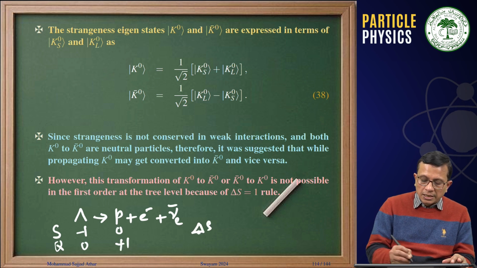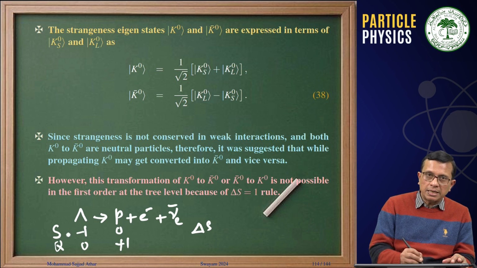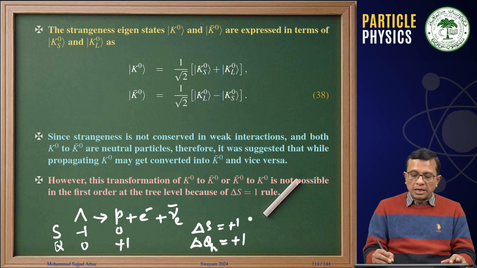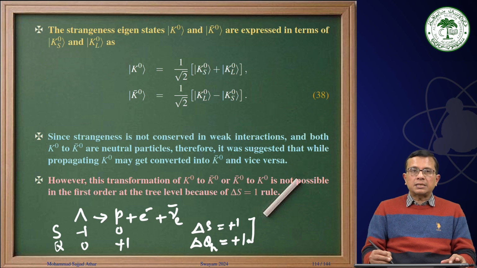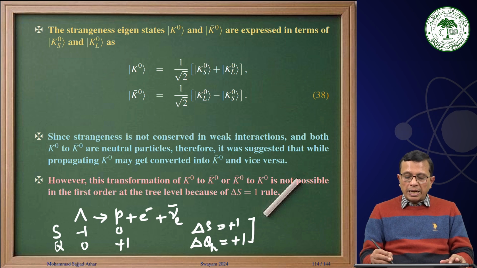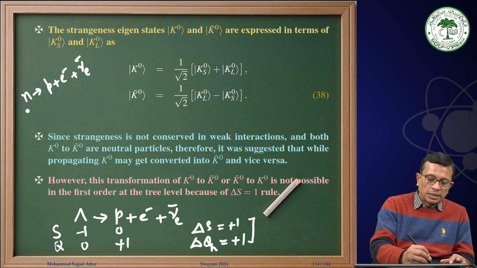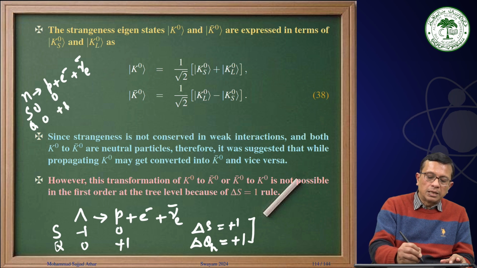Therefore, delta S, final strangeness minus initial strangeness, is +1, and the final charge of the hadron minus the initial charge of the hadron is +1. While in the case of neutron decaying into proton plus electron plus antineutrino, the strangeness is 0, while charge goes from 0 to +1. Delta Q is +1, and delta S is 0.